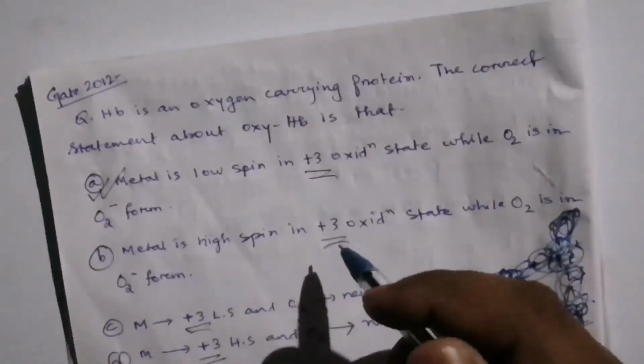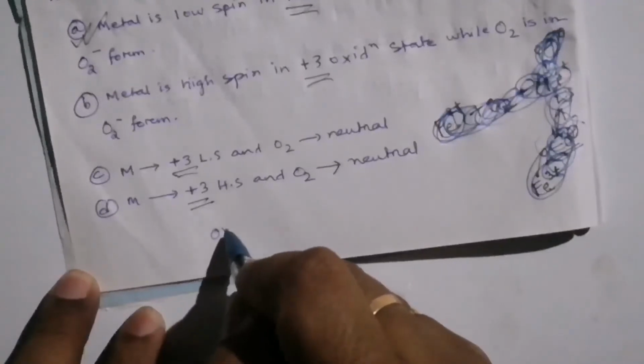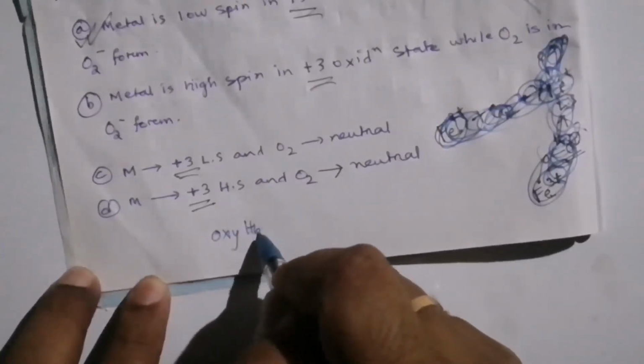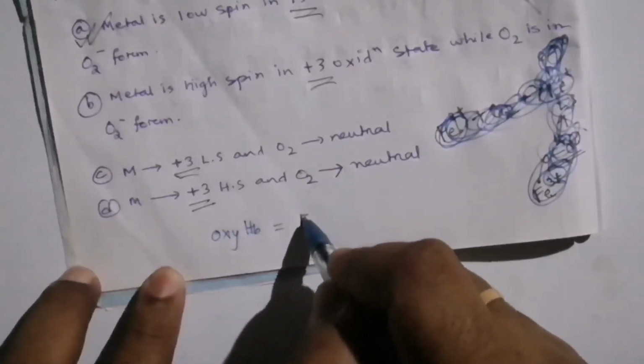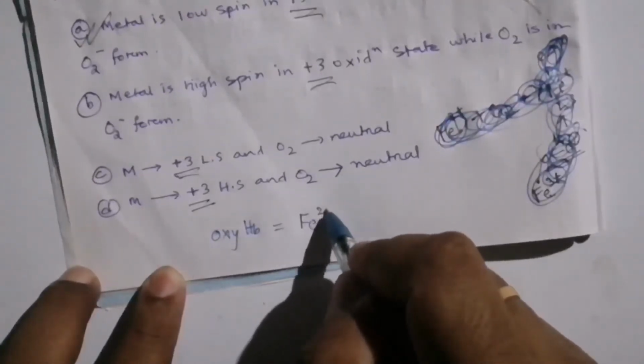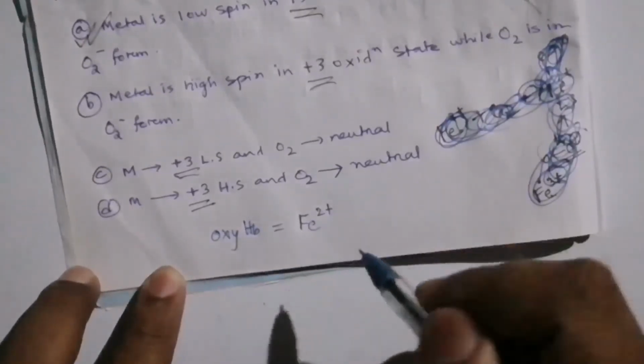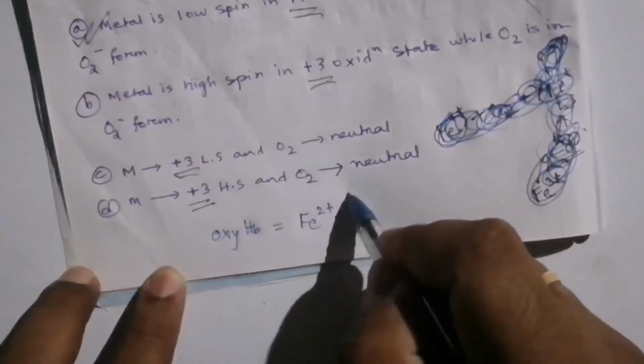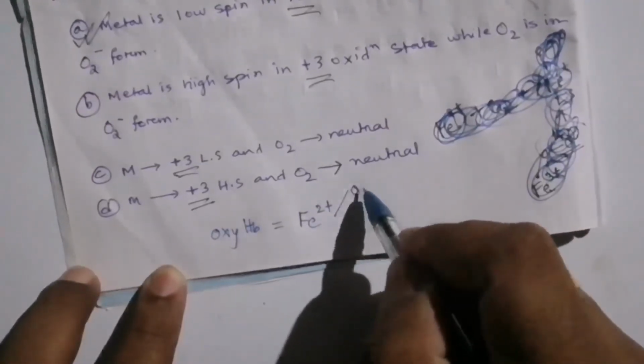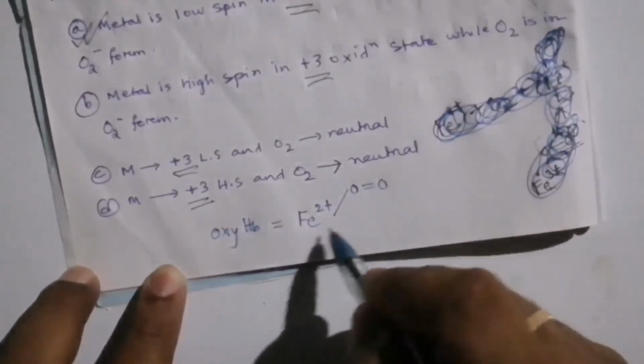Now, if we talk about oxyhemoglobin, we have the ferrous ion coordinated to the oxygen in a bent fashion in this way.